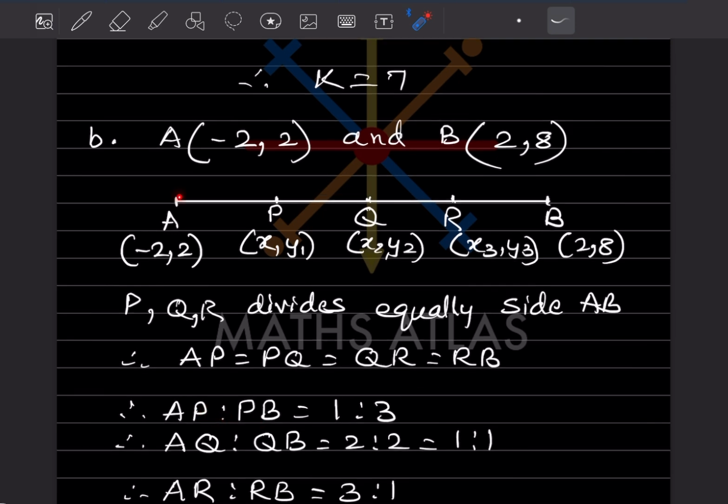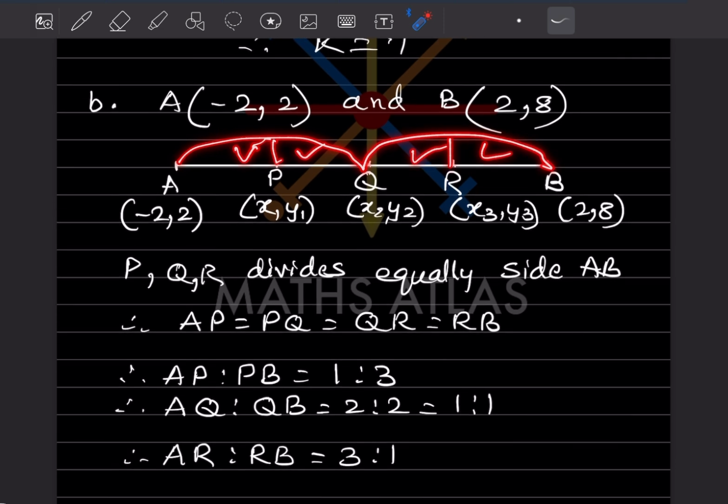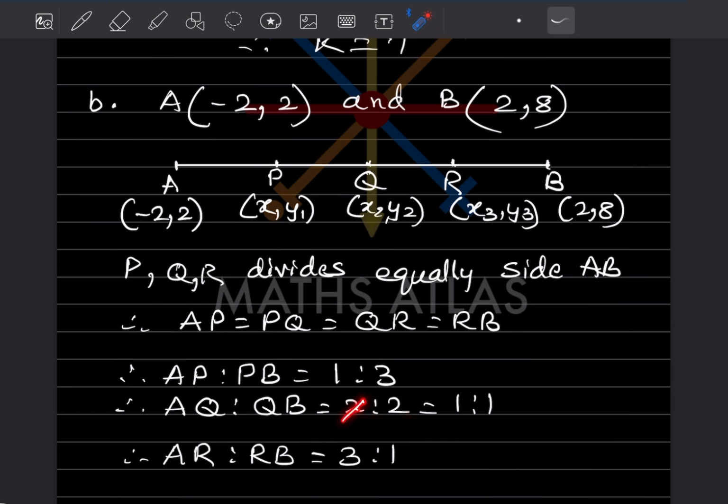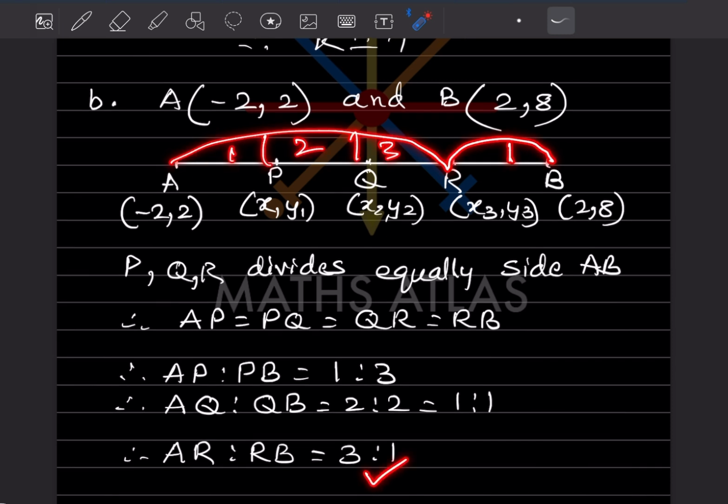If we take these two parts, the remaining is 1, 2, so 2 is to 2, that is 1 is to 1. Now if we take this, 1, 2, 3, and the remaining is just 1, so we write 3 is to 1.